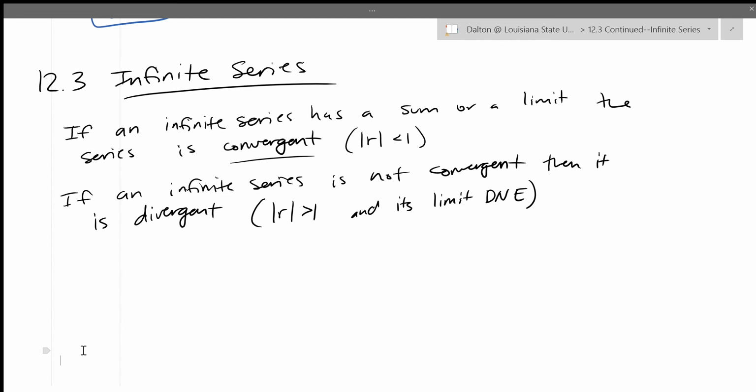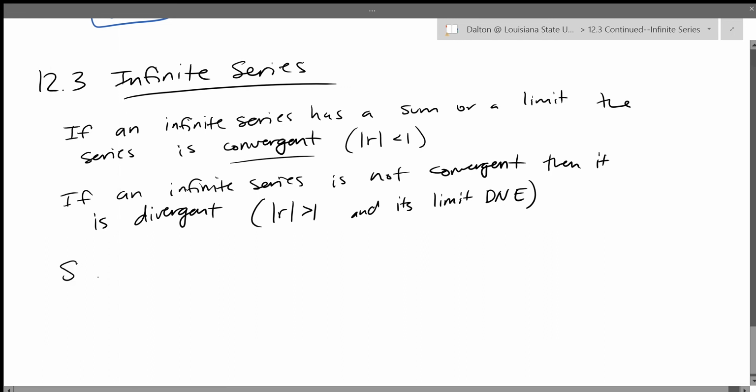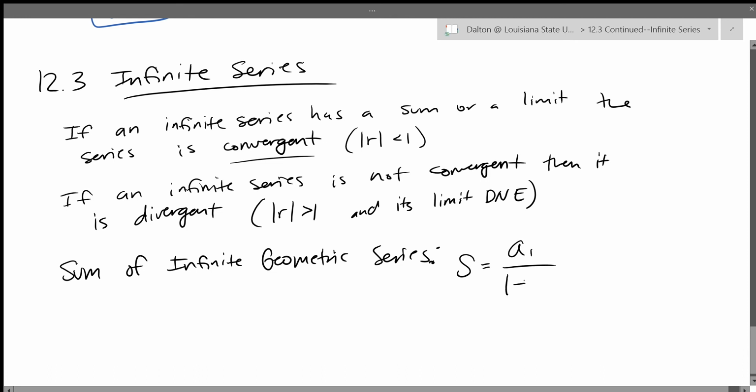Now, there's a formula for this as well. For the sum of an infinite geometric series, we're going to use the formula S equals A sub 1 over 1 minus R, when R, the absolute value of R, is less than 1.